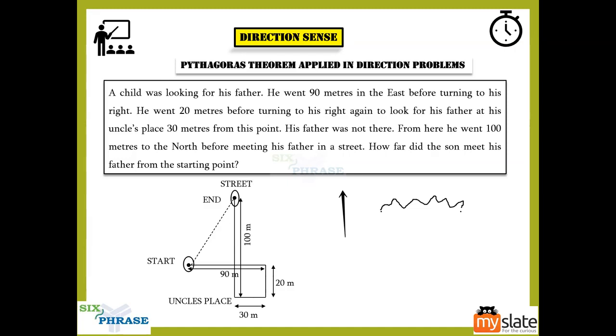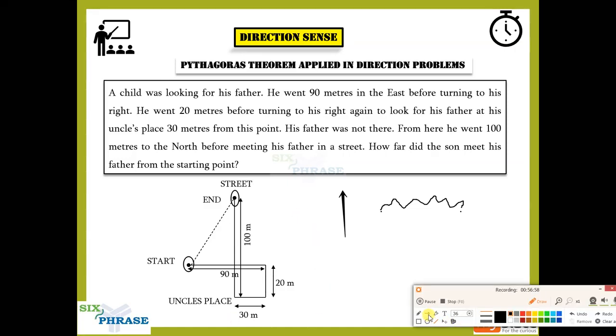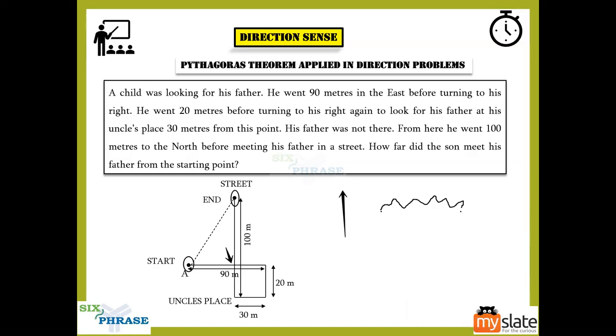This is where the Pythagoras theorem helps you. What is the reason? Because we have a 90 degrees here, correct? Just name it as ABC, guys. Just a minute. Can you see A, B, and C?